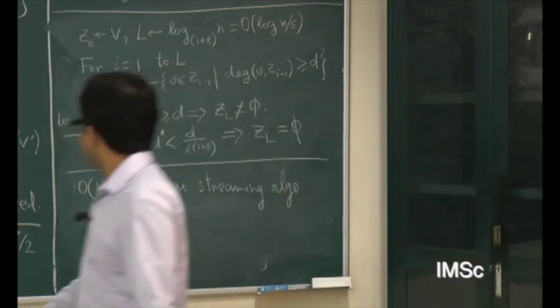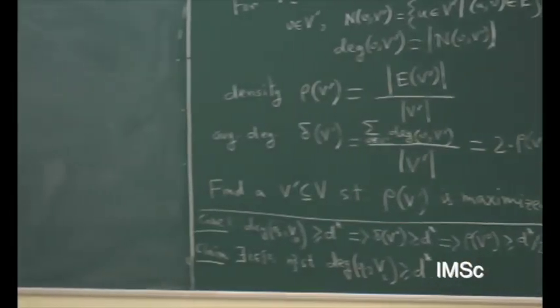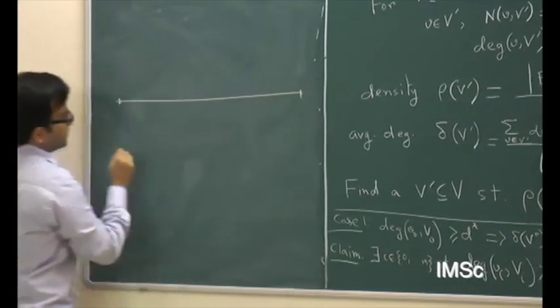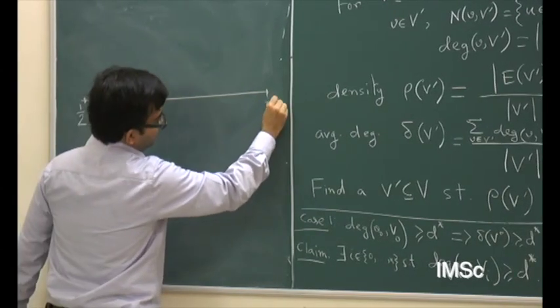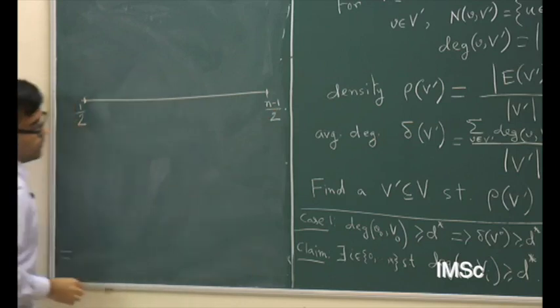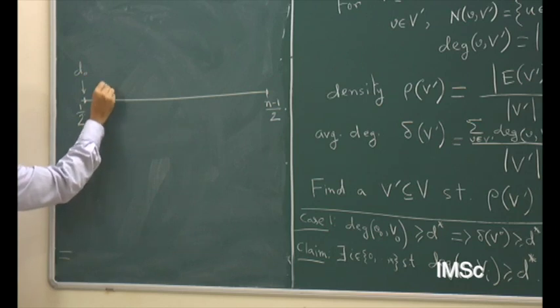So here is the thing. There comes the next question. Let me just answer this question like this. This is the range, right? This is d min. This is d max. Now suppose you discretize this range in powers of epsilon.